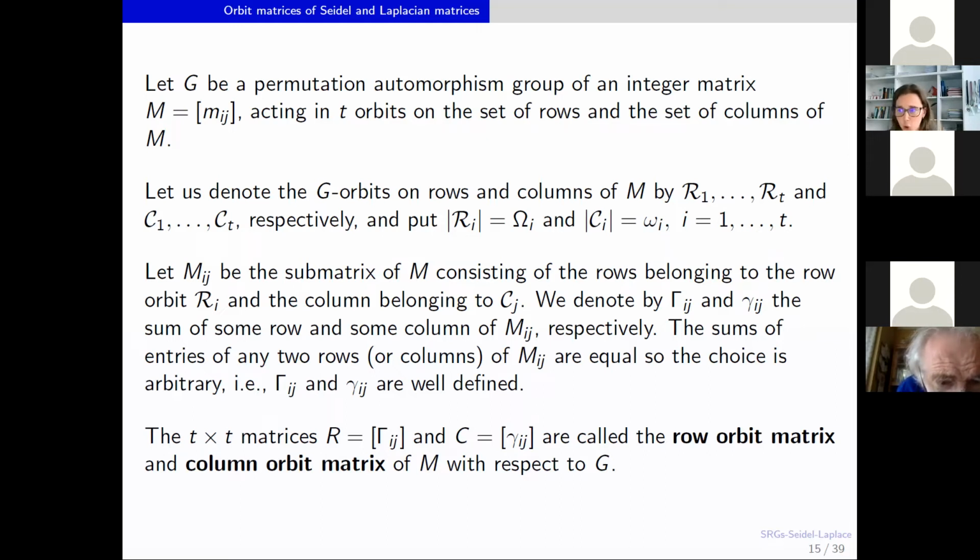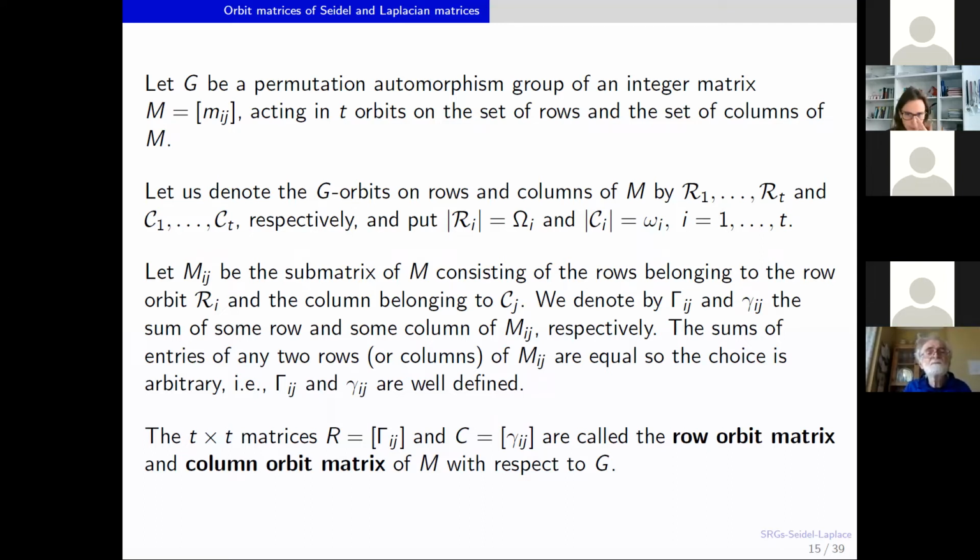we can denote by capital gamma ij and gamma ij the sum of some row and some column of this submatrix, respectively. The sums of entries of any two rows or any two columns of this submatrix are equal, so the choice is arbitrary, and in this sense capital gamma ij and gamma ij are well defined.